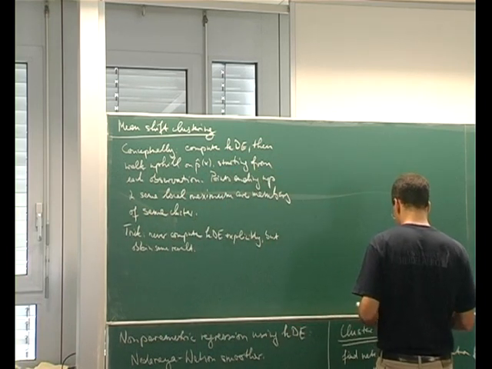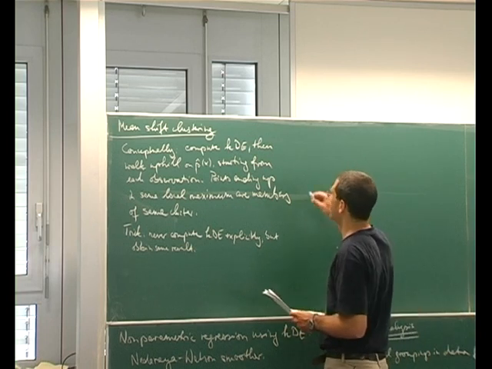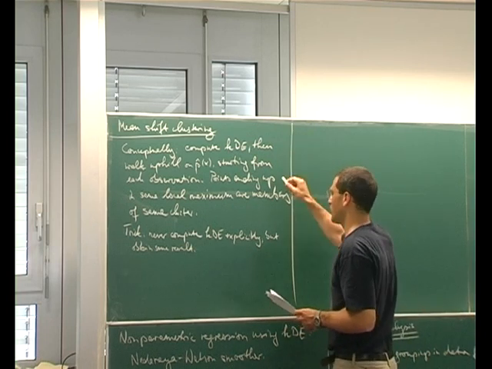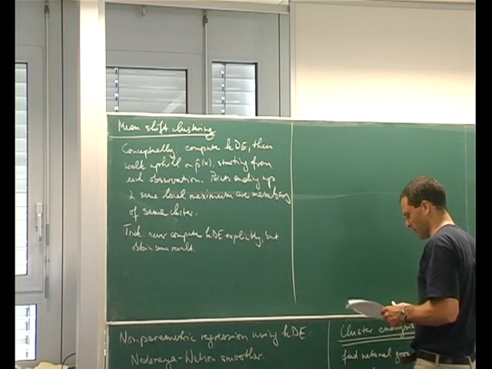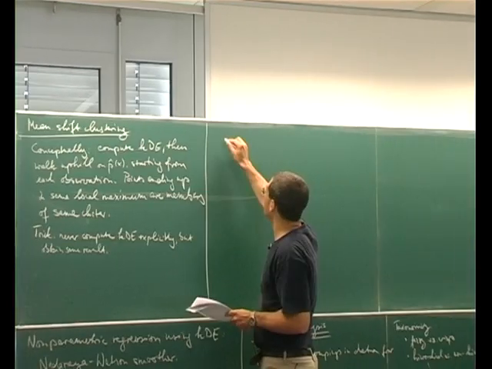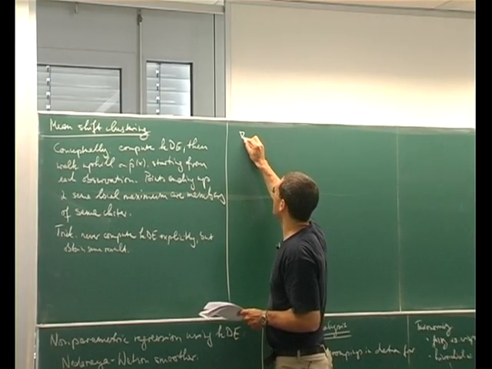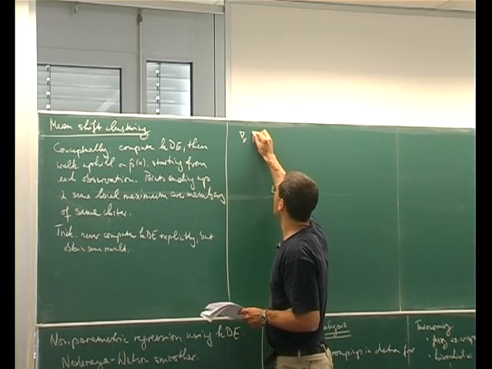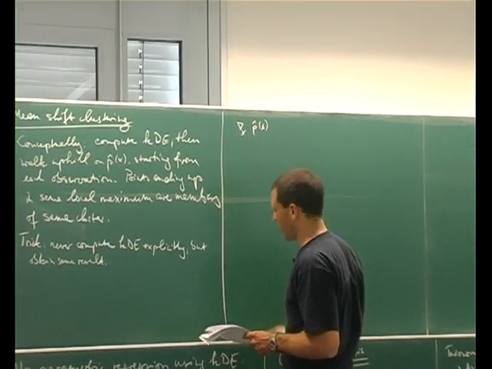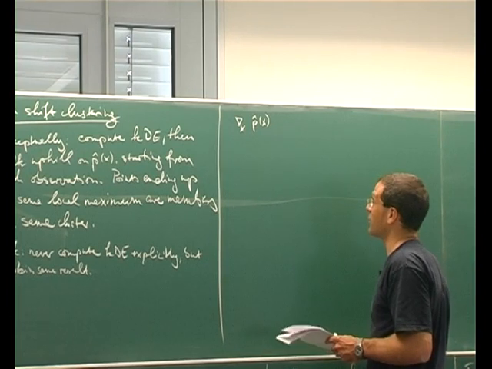So if we did follow the explicit recipe, what we would have to do is to compute the gradient of the kernel density estimate.